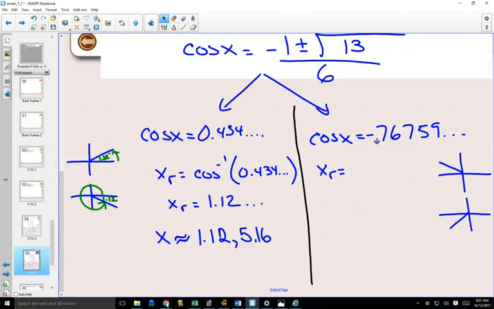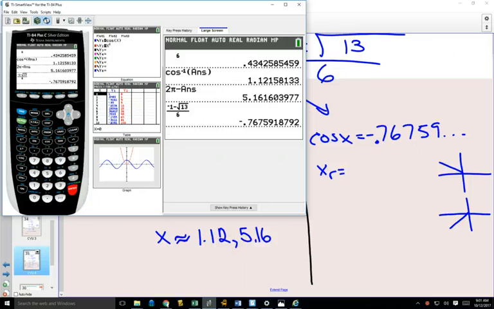So some interesting things here. When we do our reference angle, it's always going to be cos inverse of the positive of this. So if I do second answer, what's the problem here? It's negative. So what you do is you just times the answer by -1 and then... Does that make sense? What Peter just said?